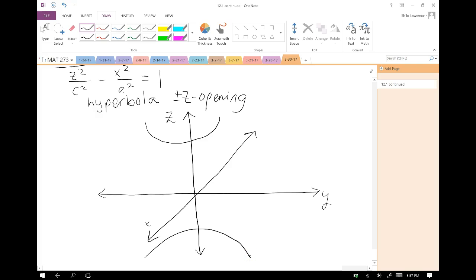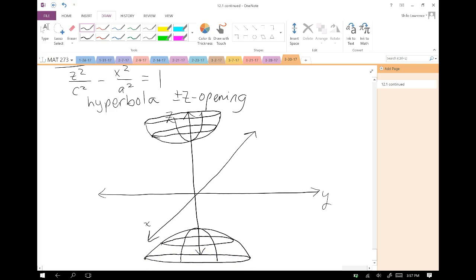In the XZ plane, which slices perpendicularly into the board, we also have a set of hyperbolas opening in the positive z direction. And now these two bowls still are not connected, but the arms of these bowls are connected with ellipses.